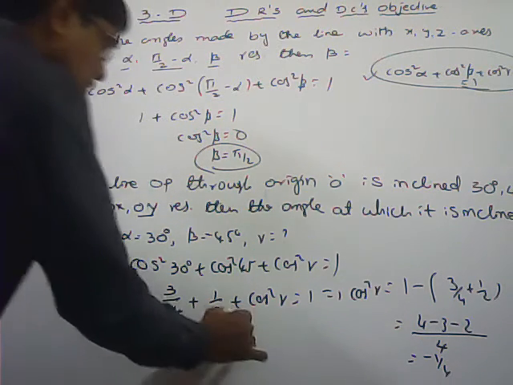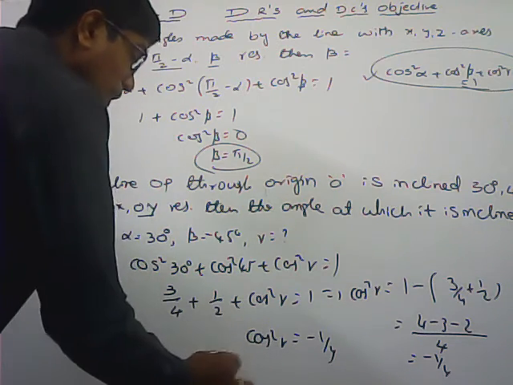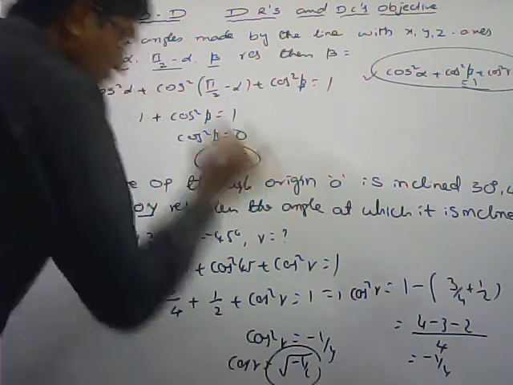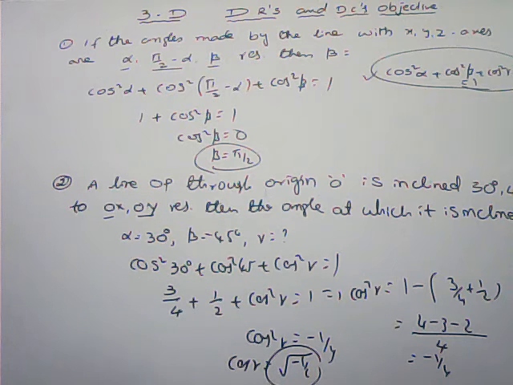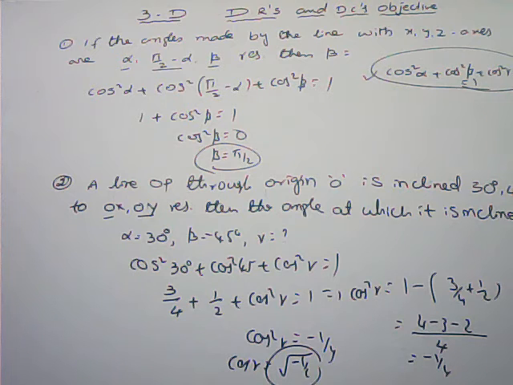So cos square gamma is equal to minus 1 by 4, cos gamma is equal to root of minus 1 by 2, that is not possible. So here we have to write that such a line cannot exist, because we are not getting a real value, it is imaginary. So there doesn't exist any line which makes those angles with the directions of the x, y, z axes.